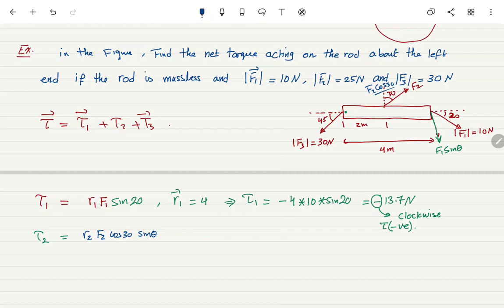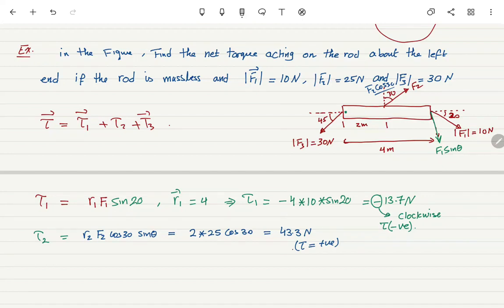It doesn't matter if we write this down or ignore it, because sine 90 is equal to 1. You just do the math, you will find it equal to 2 times 25 cosine theta, and the answer is 43.3 newton meters. And remember it's positive because the applied force is counterclockwise and the torque should be positive.